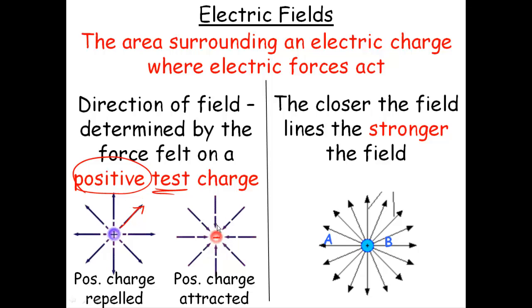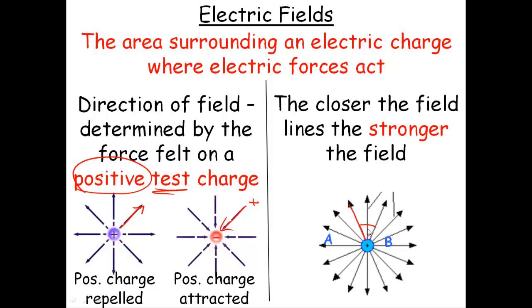Likewise, if we bring a positive charge to test the field near a negatively charged object, it's going to get pulled in. And so we draw our field with arrows pointed in. They're attracted. And it should stand to reason the closer you are to that object, the closer those two charges are together, the stronger the attraction or repulsion.